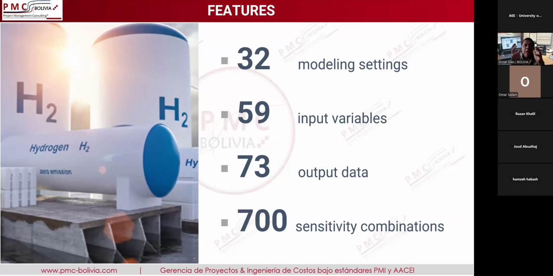We have a lot of output information, and with this information we can analyze sensitivity and make decisions. Plus, more than 700 sensitivity combinations. It means that we can combine, for example, all the output data with a couple of the input data, so we have around 700 sensitivity combinations.